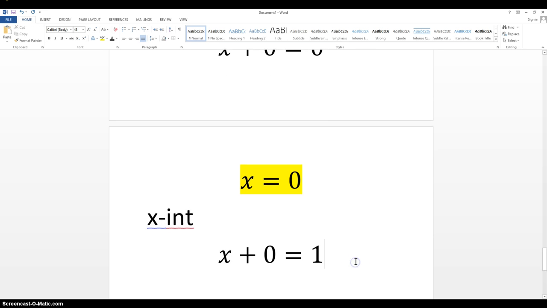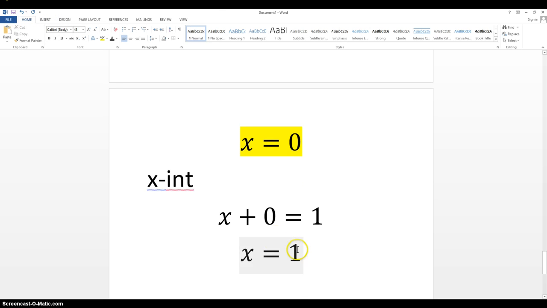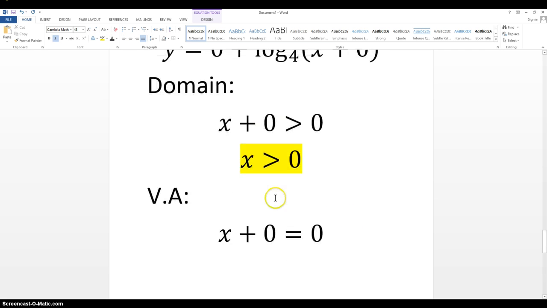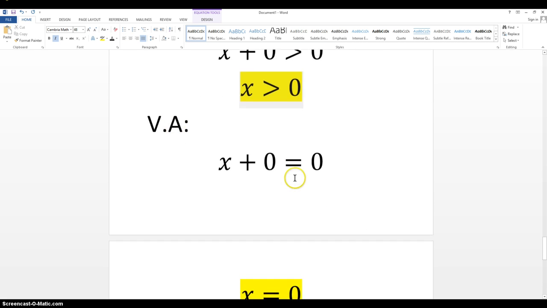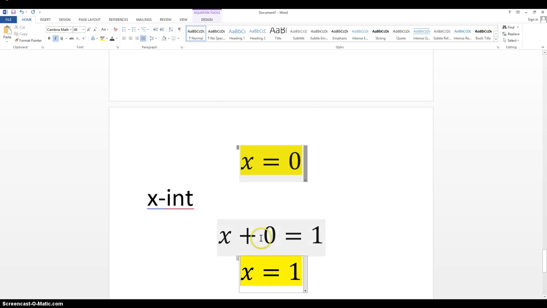In other words, if we get rid of the 0, we still have x equals 1. So x equals 1 will be my x-intercept. Again, you have your domain, which is x greater than 0, vertical asymptote, which is x equals 0, and x-intercept, which is x equals 1.